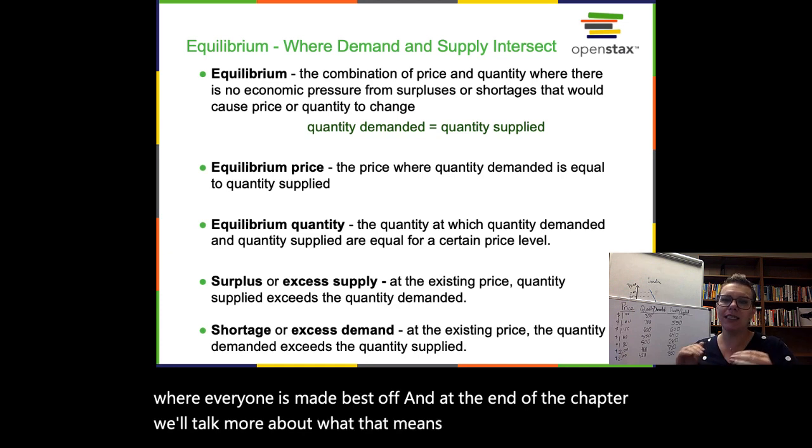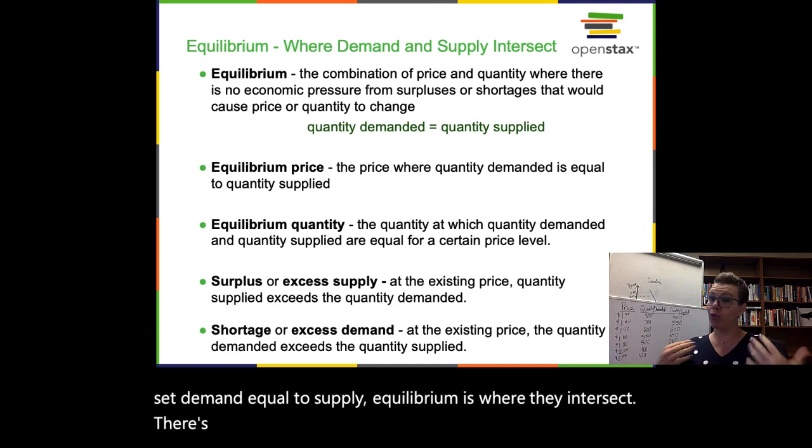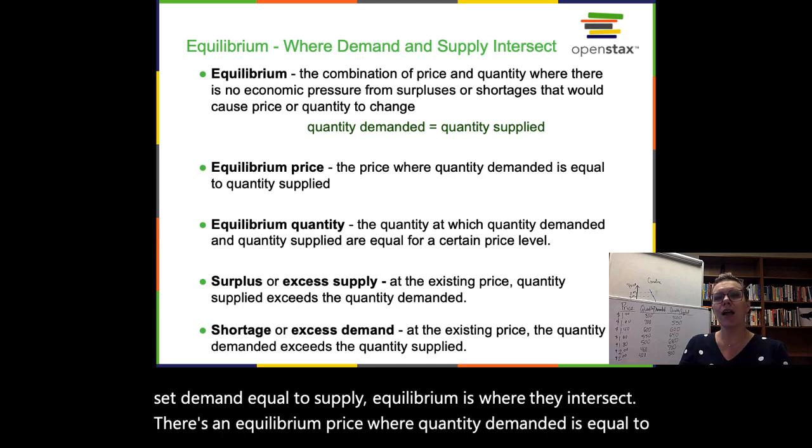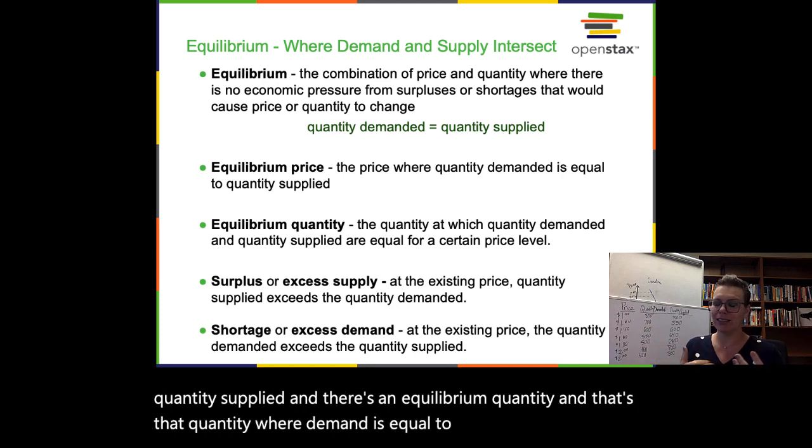But the basic idea is if we set demand equal to supply, equilibrium is where they intersect. There's an equilibrium price, where quantity demanded is equal to quantity supplied. And there's an equilibrium quantity, and that's that quantity where demand is equal to supply at that certain price level.